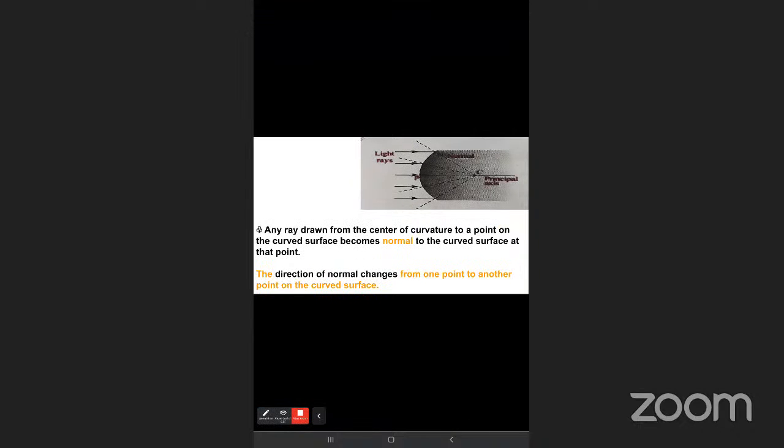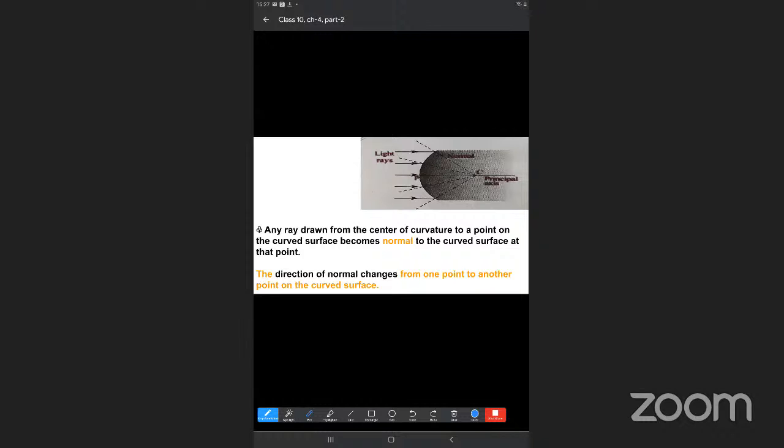Any ray, any line drawn from the center of curvature to a point on the curved surface becomes normal to the curved surface at that point.